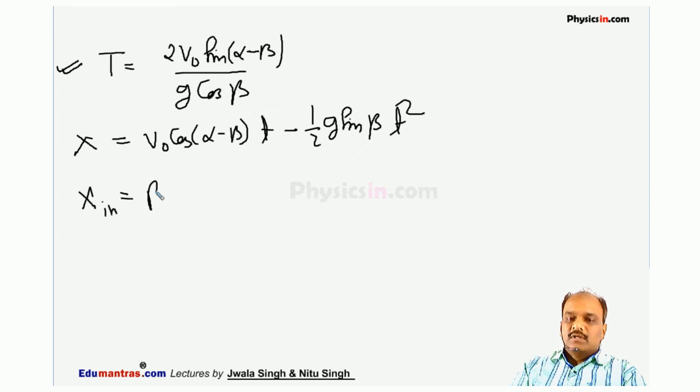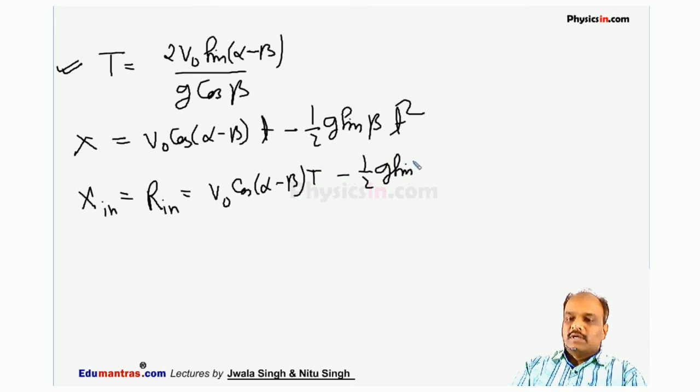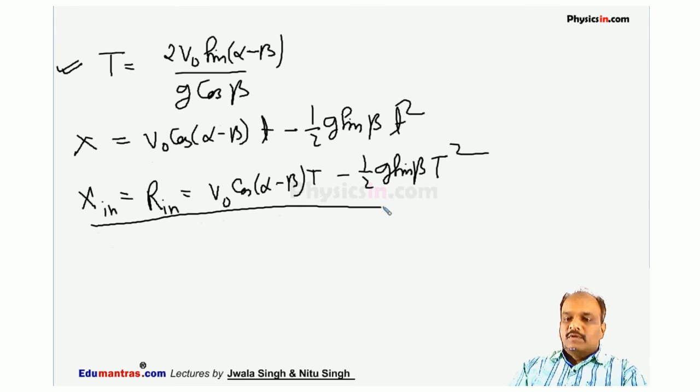This is also called the range on the inclined plane, which is equal to v naught cos alpha minus beta into t minus half g sin beta into t square. Here t is the time of flight. If you calculate it, it will give you the range on the inclined plane.